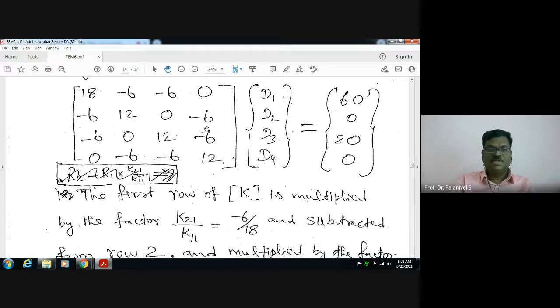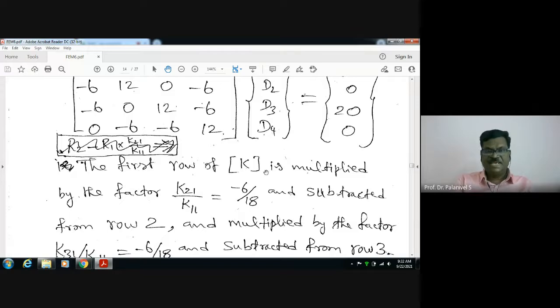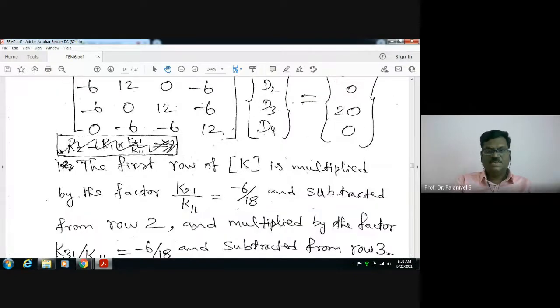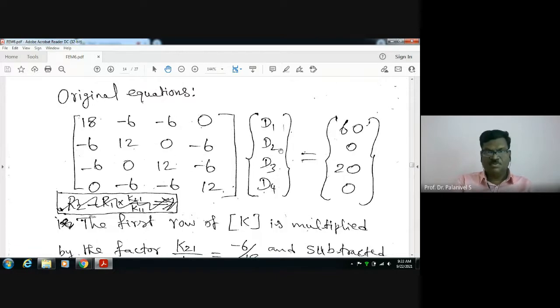The first row of K is multiplied by the factor K21 divided by K11, which is equal to minus 6 by 18, and subtracted from row 2, that is, equation 2.